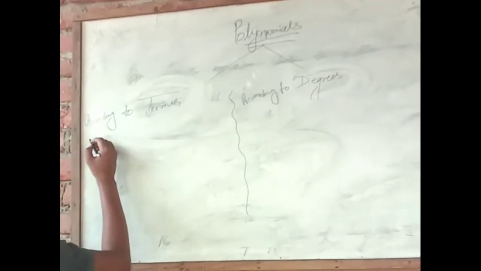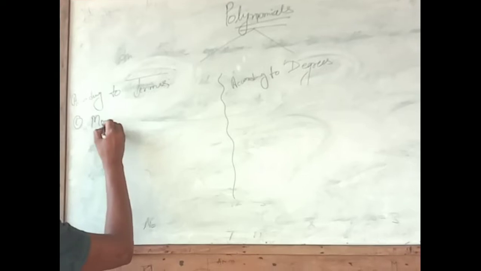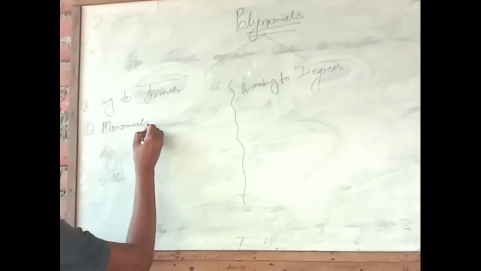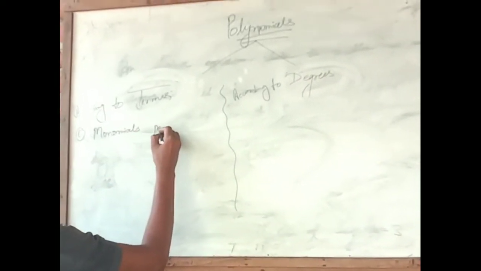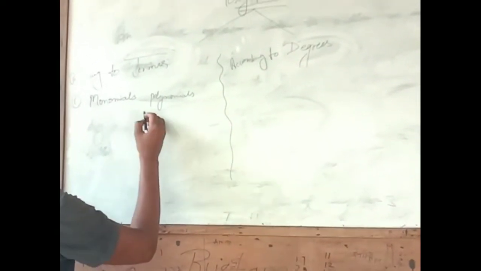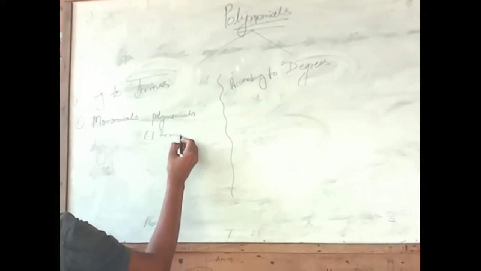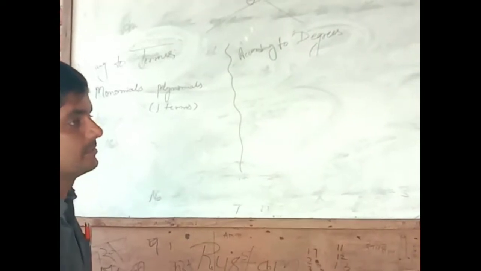According to the terms, a polynomial which has one term is called a monomial.